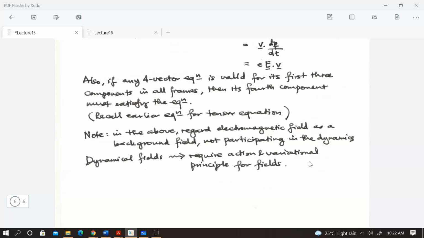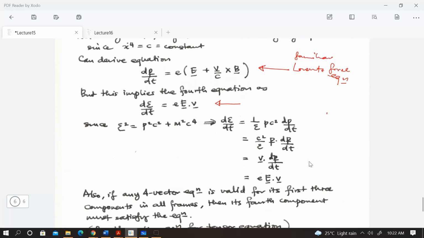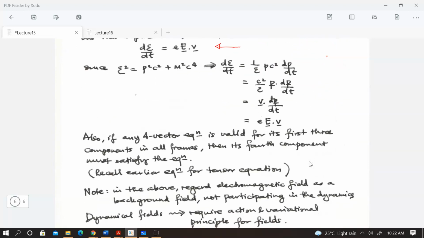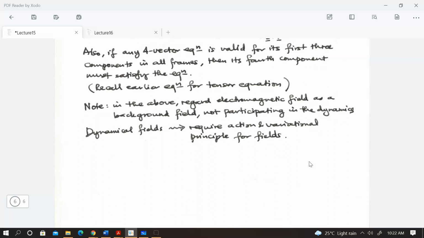What else I want to say here? The one that we have done so far is just thinking of a particle. The one that's of concern is the particle, and the role of the electromagnetic field is just like an external field.